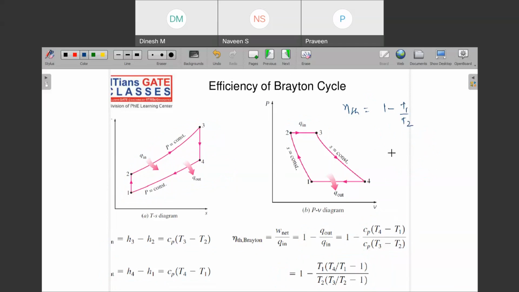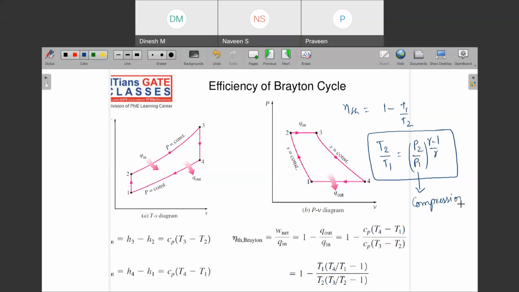Here we can write T2 upon T1 equals P2 upon P1 to the power (gamma minus 1) upon gamma. This P2 upon P1 is called the compression ratio. Earlier, in the case of the Otto cycle, the compression ratio was the ratio of volumes, but here it is the ratio of pressures.